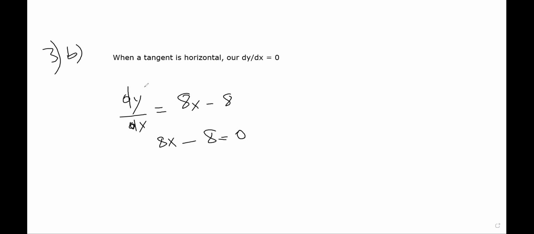So 8x is equal to, carrying over the negative 8, positive 8. In order for us to find x, we need to divide through by 8, since they're both divisible by 8.